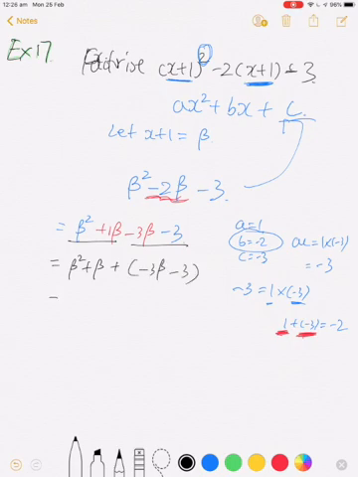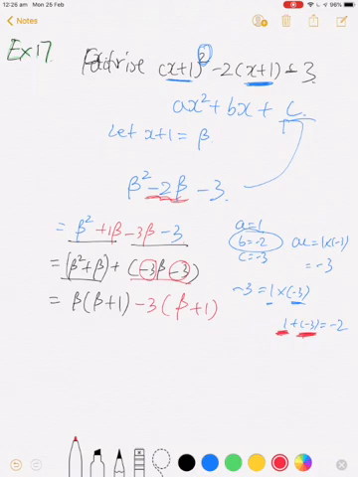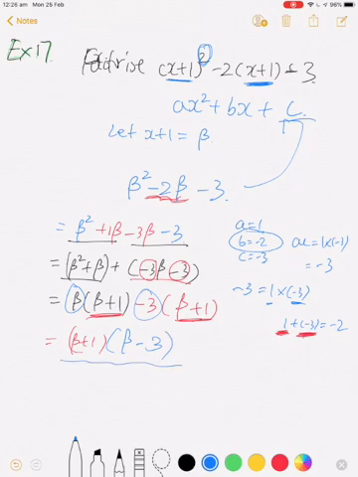Take one common factor out of the first two, beta, so I'll have beta plus 1. For this part, the common factor is negative 3, so take negative 3 out, and we'll have beta plus 1. Then the common factor is beta plus 1, take it out, and we will have beta minus 3 left. And this is the answer.